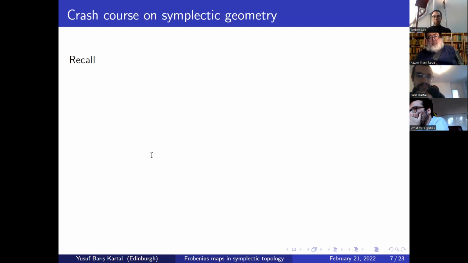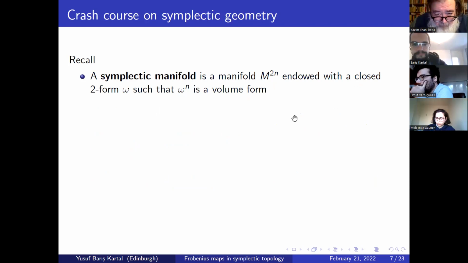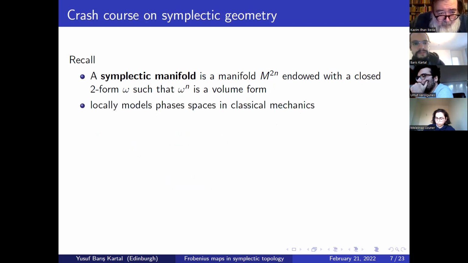Okay, so I'm going to give a crash course in symplectic geometry. A symplectic manifold is a manifold endowed with a closed two form omega, such that omega to the n, the top power of omega, is a volume form. And we will always deal with exact symplectic manifolds. It locally models the phase spaces in classical mechanics.